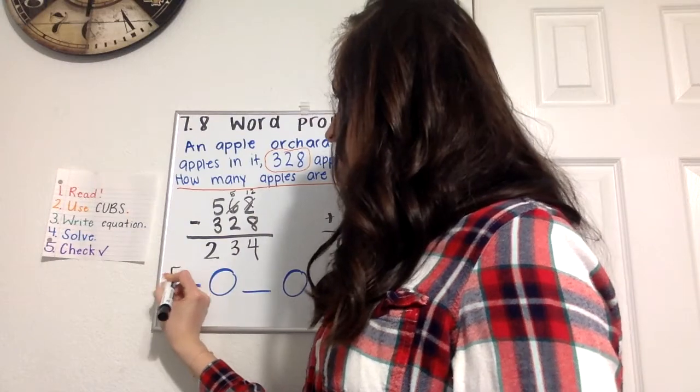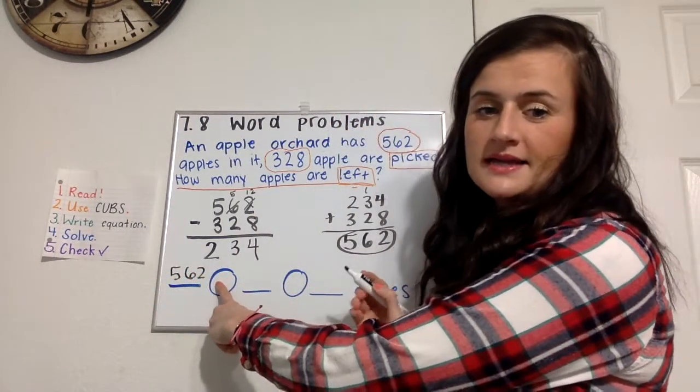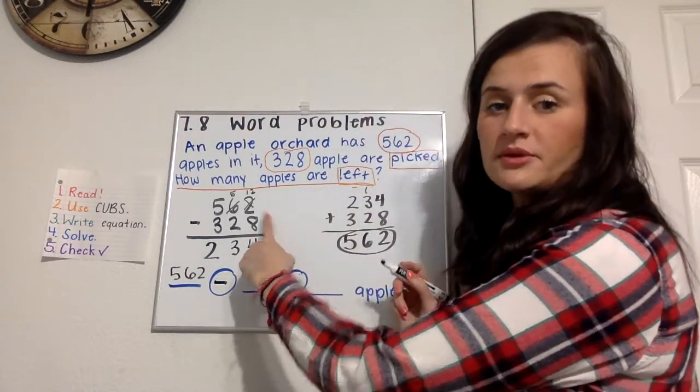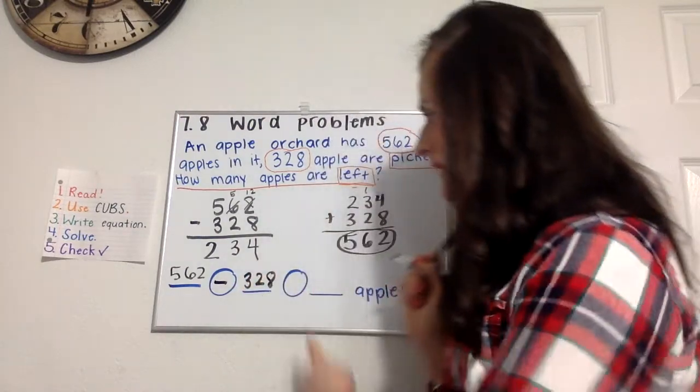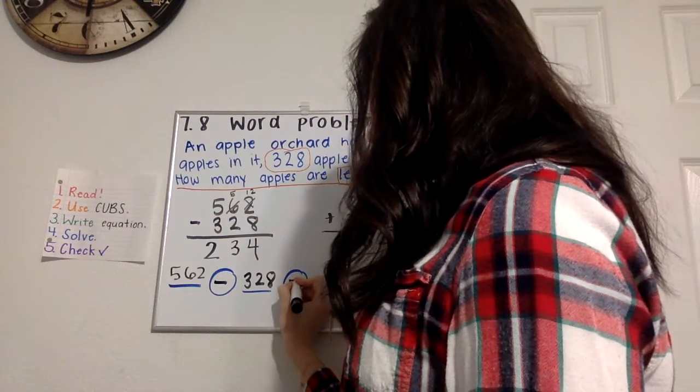My first number was 562. In this bubble, I'm going to put my sign, which is subtracting. Next, I'm going to write my next number, 328. And in this bubble, we need to write our equal sign.